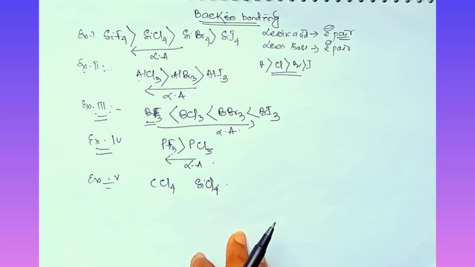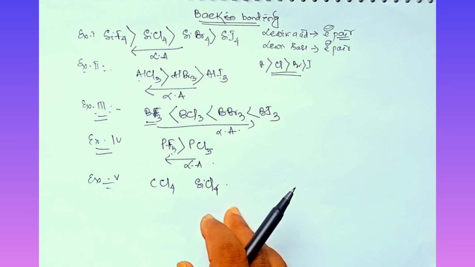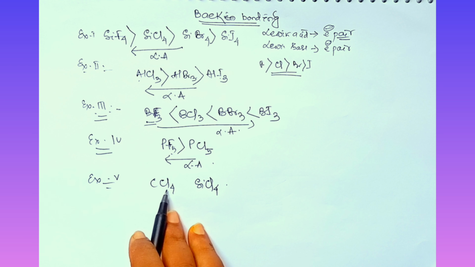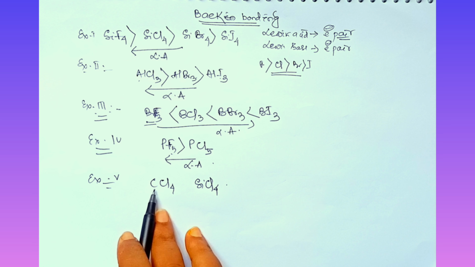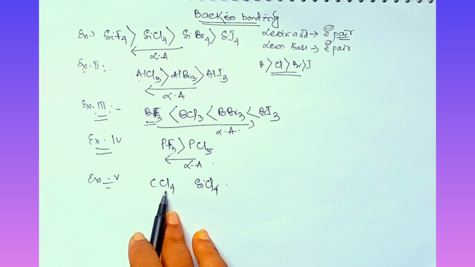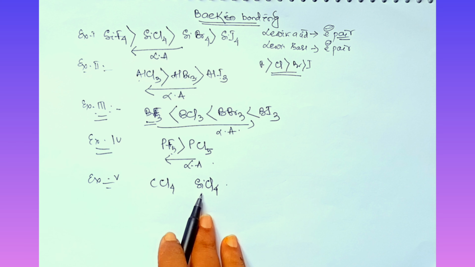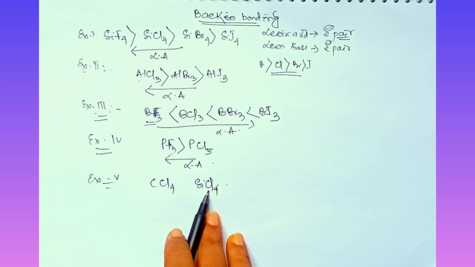CCl4 and SiCl4. Now what happens? In CCl4, as we already discussed in the last class, chlorine has the presence of a lone pair, but unfortunately carbon has no vacant orbital to accommodate this lone pair. So here no back bonding is possible. In SiCl4 also there is back bonding, but it is not so effective because it is 3p and 3p.